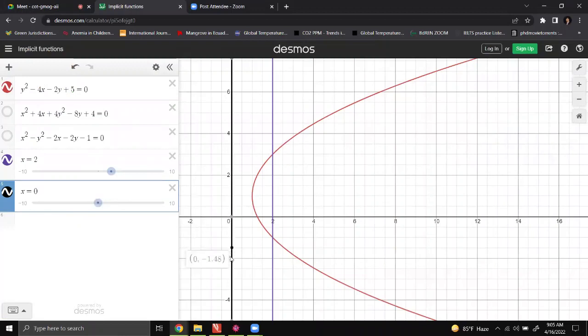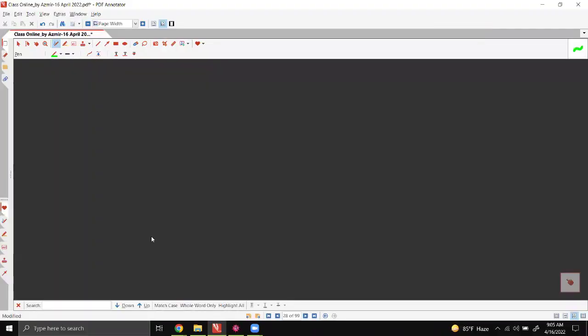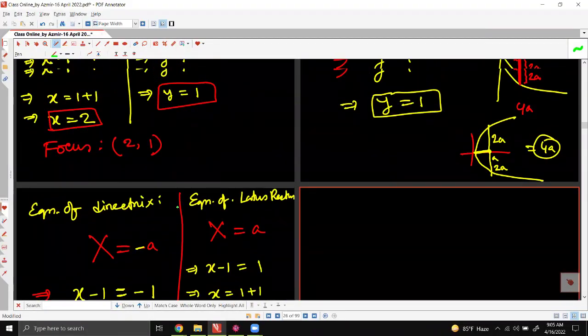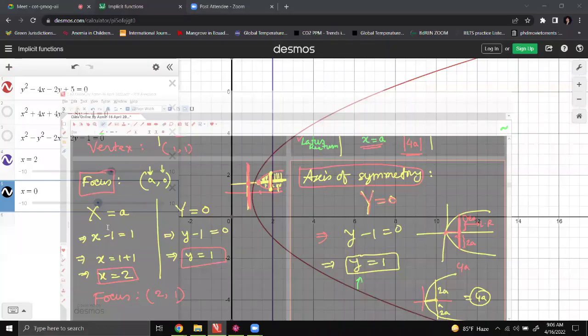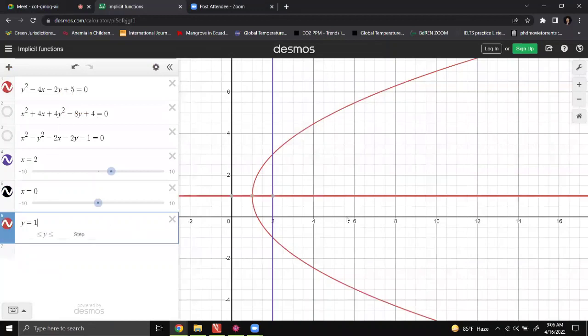This black color line is the directrix. What is our axis of symmetry? We have found that the axis of symmetry is y equals 1. So let us draw y equals 1. So this point is the focus. This is the vertex. So you can see how to draw parabola and how to analyze parabola.